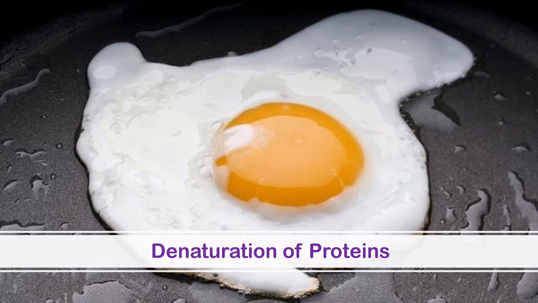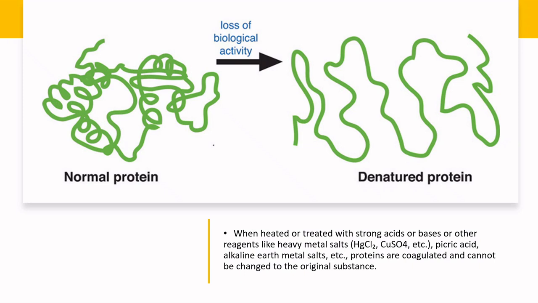The last topic which we study here is the denaturation of protein. We have all seen this reaction. When we put egg on a hot pan, it will turn white. That is an example for denaturation of protein.